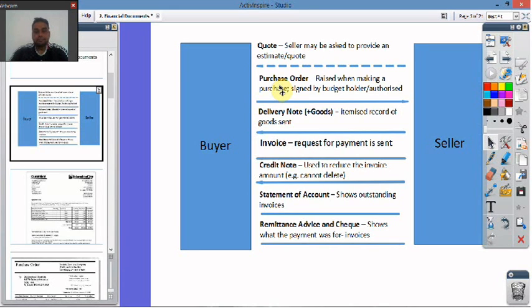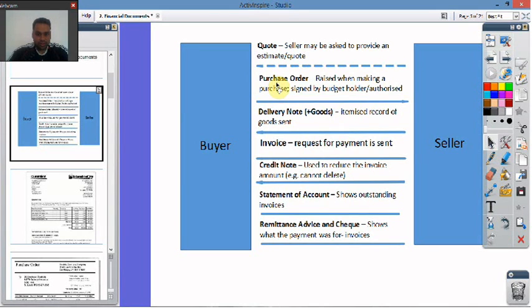Purchase order. Now the purchase order is raised by the buyer and sent to the seller, and the seller will then quote this number on the invoice that is sent back. The reason for this is that when they get the invoice, then they know that it's a valid invoice.